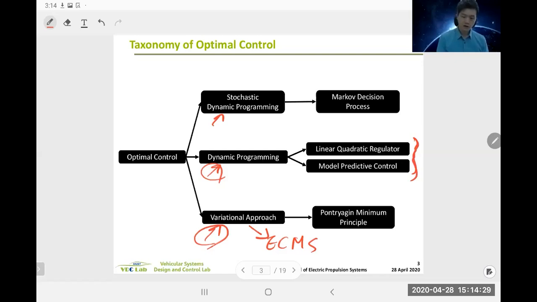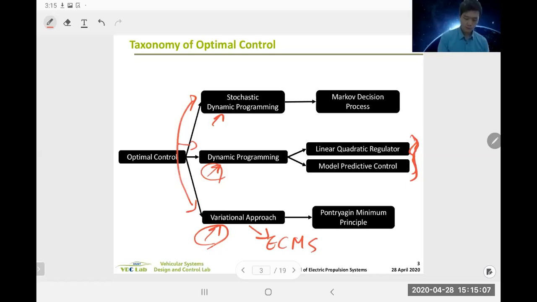We can actually derive these 2 theories from dynamic programming. Dynamic programming is the general form of optimal control. Okay. But in principle, these 3 share very basic principles, but their math branch is different.